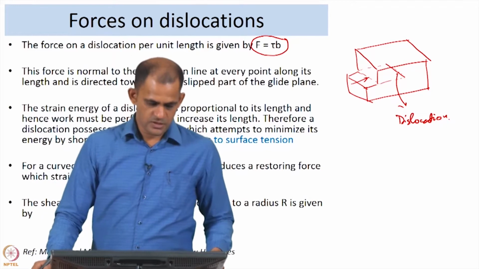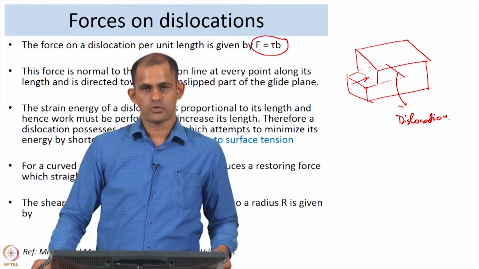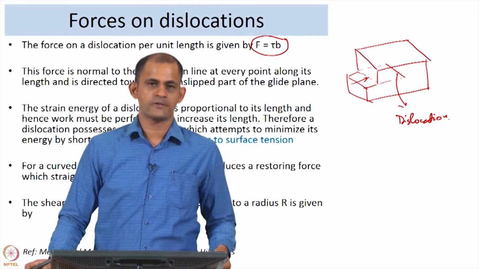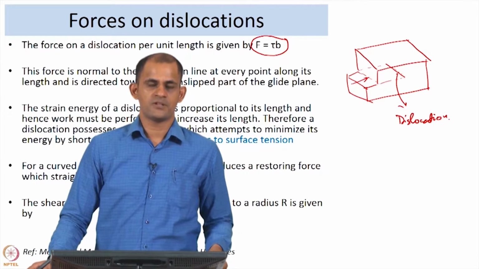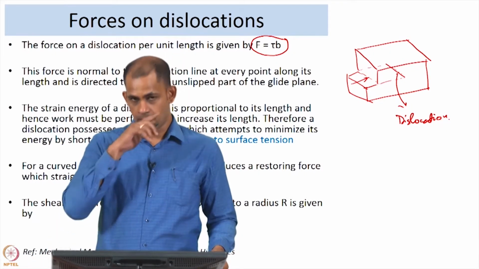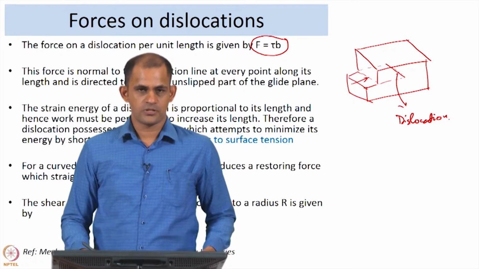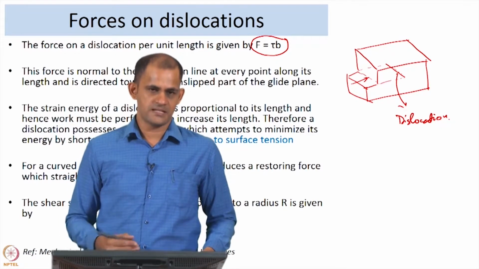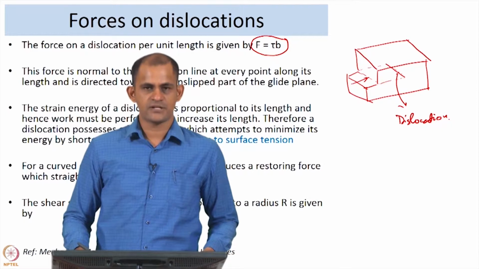Since the strain energy is dependent on the length, the dislocation would not want its length to be increased, which means there will always be a resistive force to the increase of a dislocation's length, and this resistive force is basically a line tension.